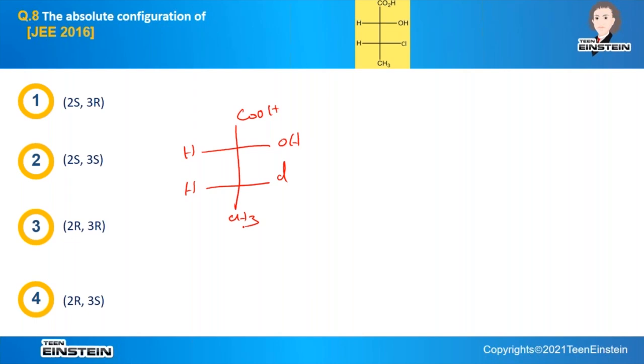So to find out the absolute configuration, first we want to give numbering. So here we can see, this OH group is 1.